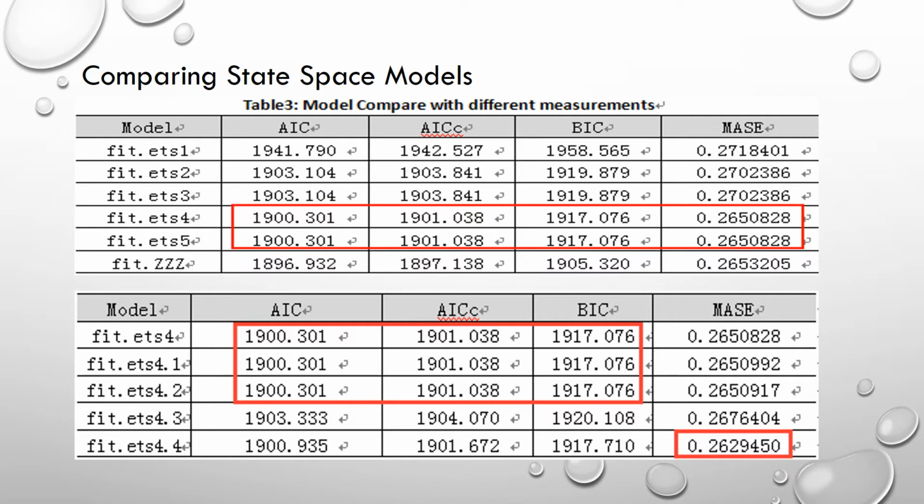And we see the MMN has a good result for AIC, AICc, and BIC. But for the MASE, the last one gave a good value because it is smaller than the others, but all of these values look similar. They have a slight difference, so we think MMN is better.